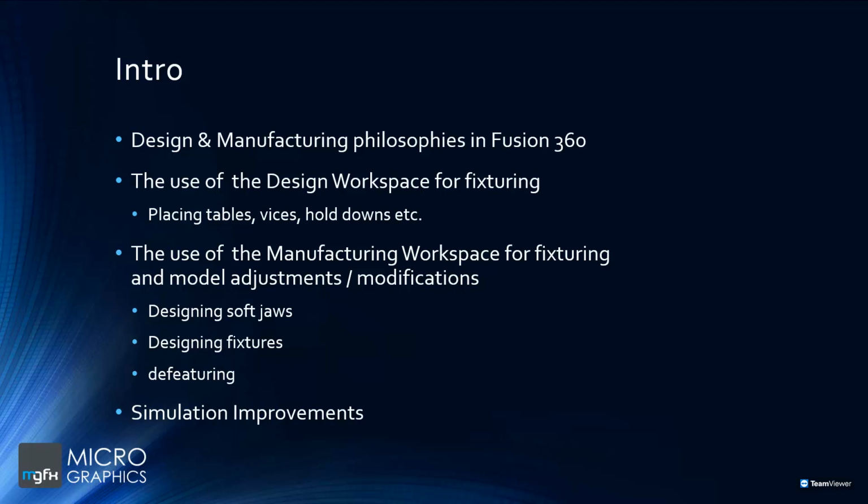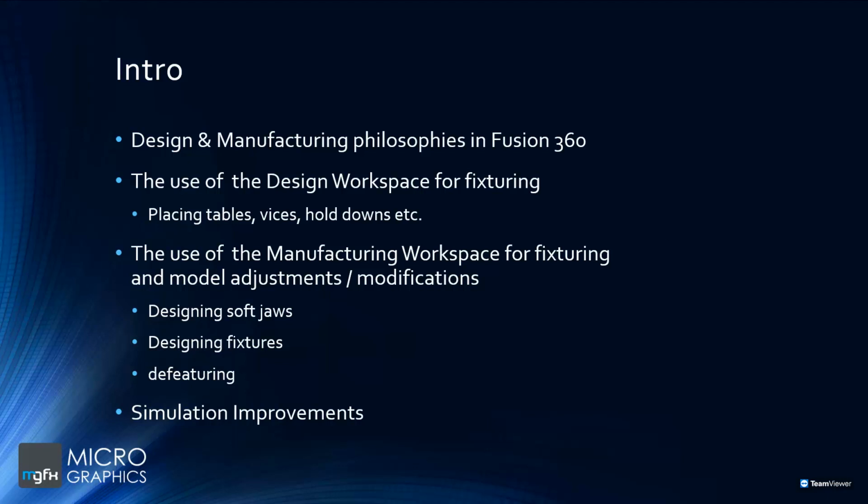And we'll see how we can do that in the design workspace and some pros and cons with regards to that. And then we'll look at the use of the manufacturing workspace where we can take advantage of the reasonably new manufacturing models option for fixturing and model adjustments or modifications.